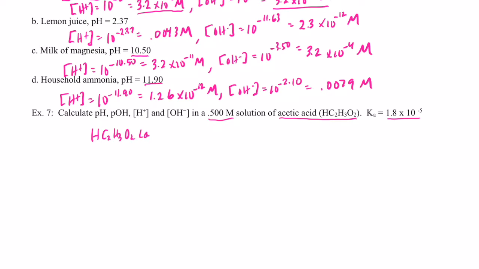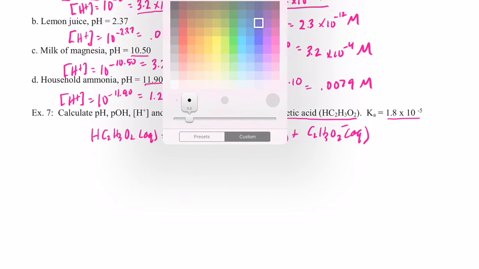HC2H3O2 aq plus H2O liquid reacts to form H3O positive aq, and we'd end up with C2H3O2 negative aq. Now recall we like to clean this up just a little bit, so if I get rid of water from both sides of the equation, let's do that.